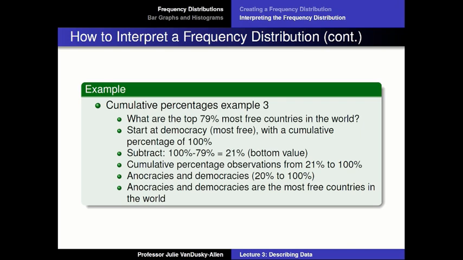You subtract 79%, the topmost value, from 100%, and you get 21%. So 21% is going to be this bottom value. Then you find the categories within the cumulative percentage column that range from 21% to 100%. These are the observations with the countries that are the top 79% most free countries in the world.